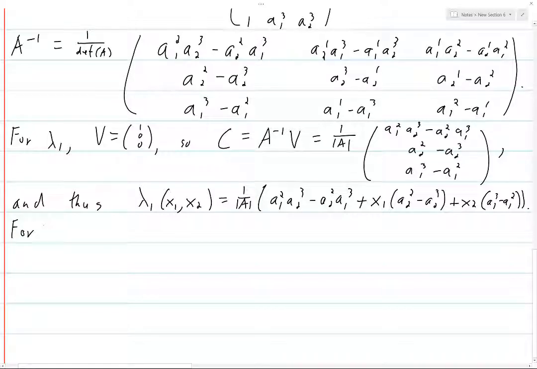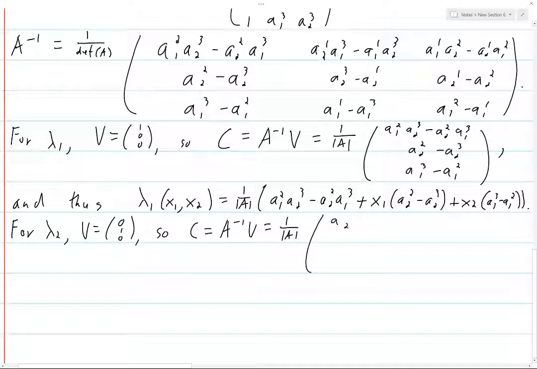For lambda 2, V is 0, 1, 0, so C equals A inverse V, which in this case is 1 over determinant of A, and we'll multiply, we pick up the second column then. So this is A21, A13, minus A11, A23, get A23 minus A21, then we get A11 minus A13.